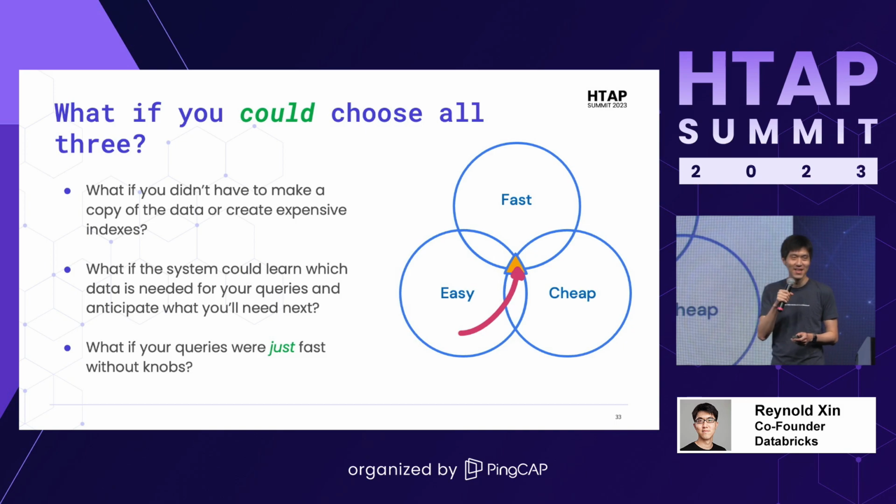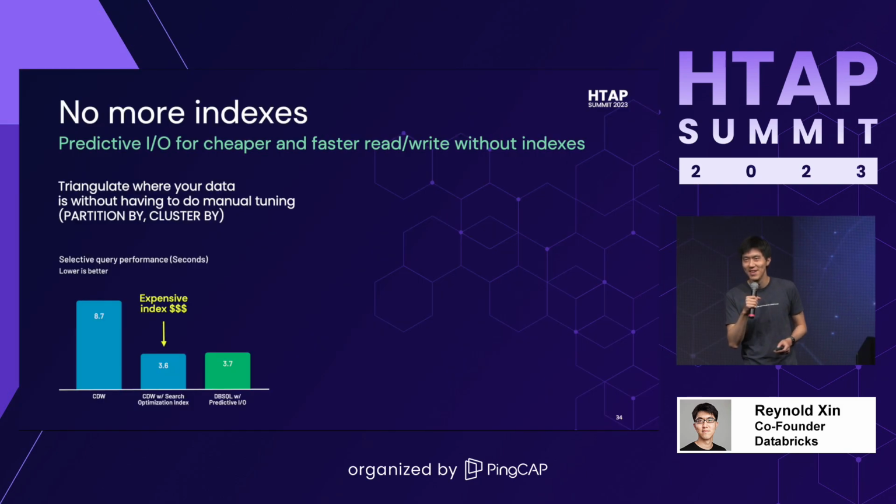I'll tell you how. We built this thing called Predictive I/O. It took us a very long time to come up with a name that would actually make sense. Anyway, Predictive I/O. I'll show you the result first, and then I'll explain how it works. The query runtime is in seconds, and you might think, hey, 3.7 seconds is a very long time.